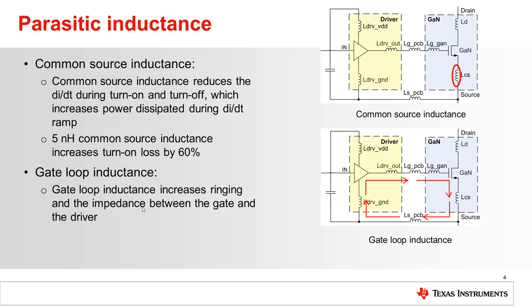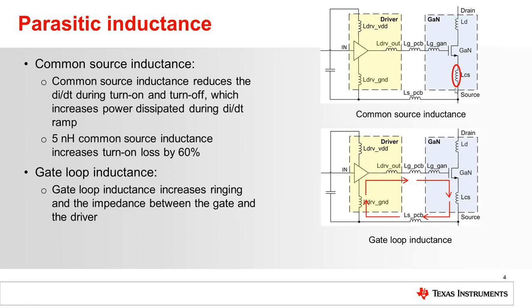Before we get into the design guidelines and recommendations, let's review some background on the parasitic components related to a PCB design. The right two figures show a discrete implementation of GaN and its driver with associated parasitic inductance. The common source inductance is the inductance shared by the power loop and the gate driver loop, which is demonstrated in the top right figure in the red circle.